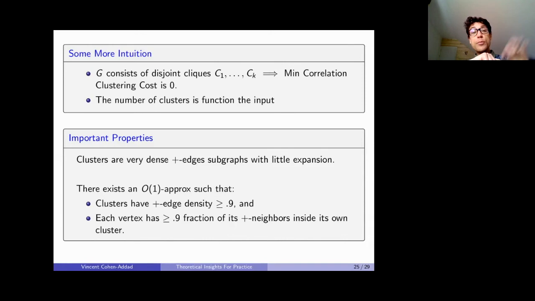I'm already paying for 20% of my plus neighbors, and if I put that vertex as a singleton, I pay for the remaining 80% edges, but that's only a factor of 8 at most. So if I care only about constant factor approximation, I can just put this vertex aside. So these two things are really saying that what I'm after are super dense subgraphs with very tiny expansion.